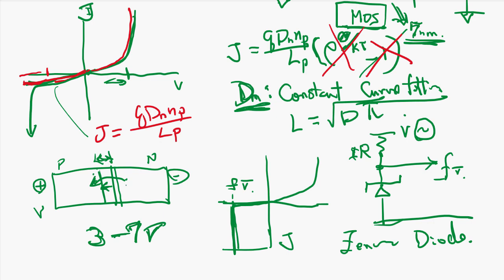Because the electron is a wave, and the wave goes over this area, and the probability on this side increases. So it's like an alien movie, right? It passes through the wall, and that's a tunneling diode. Okay, so there are many types of diodes existing. That's what we are going to go through.